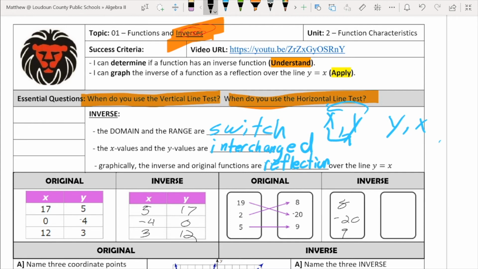Okay, and then we can do 19 to 5. Well, the 8 corresponded to the 2. The 19 corresponded to the negative 20, so negative 20 to 19, and 9 to 5. Okay, so we're just flipping them.